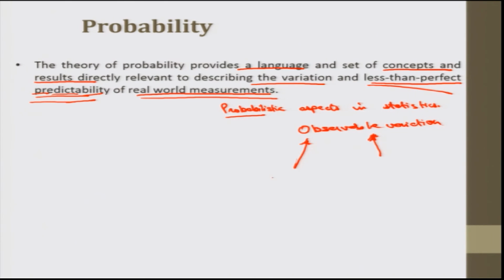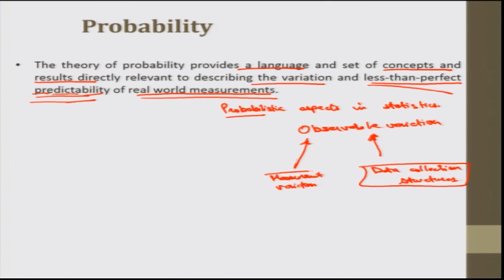Measurement variation is there, and data collection structures are there.